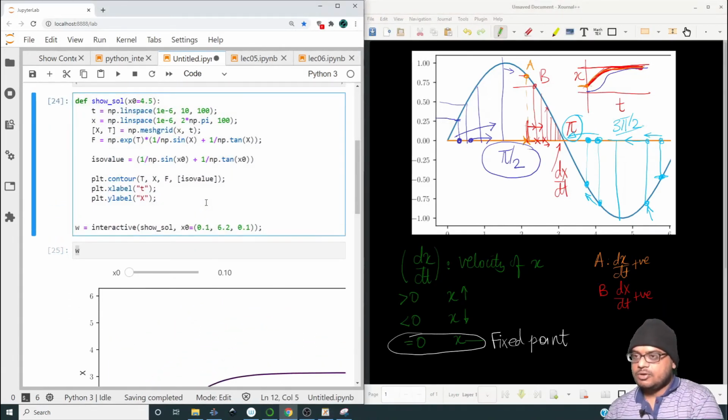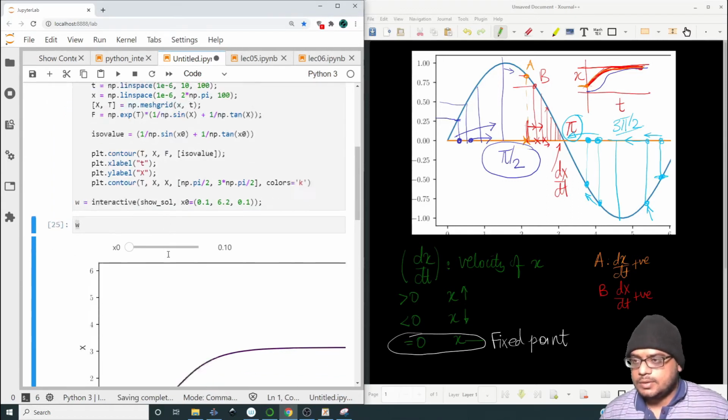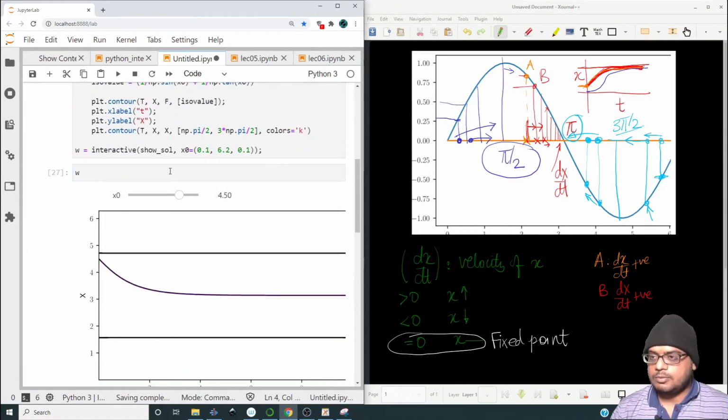Okay, so let me draw these two contours. plt.contour(t, x, x, [np.pi/2, 3*np.pi/2]). Colors, let us set it to be black. So let me plot this.